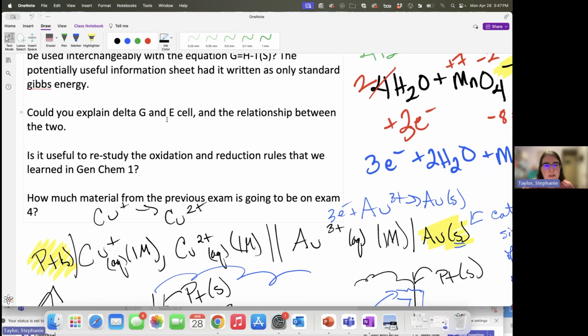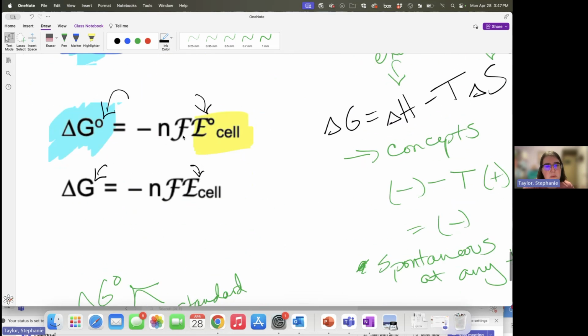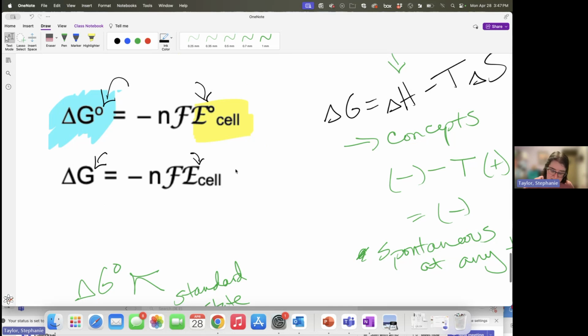The difference between delta G and E cell and the relationship between the two. So essentially, here are my lovely equations. One of the ways that I like to think about this is that things like E cell or E cell standard are in volts.